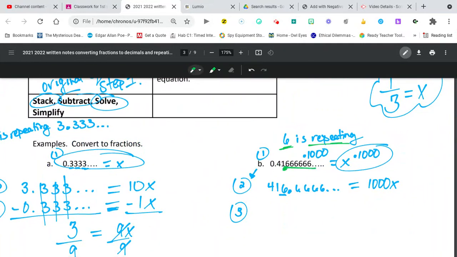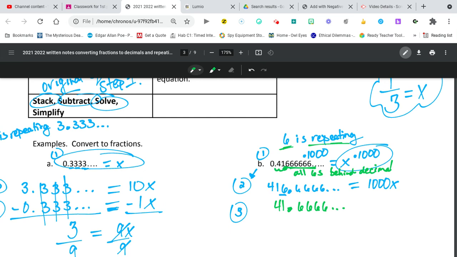So I want the decimal right here so that now all 6's are behind the decimal. That's step 3. So I need it to look like this, and you're going to line your decimals up, guys. 41 point, you know that means you're moving it to 666, and so on.